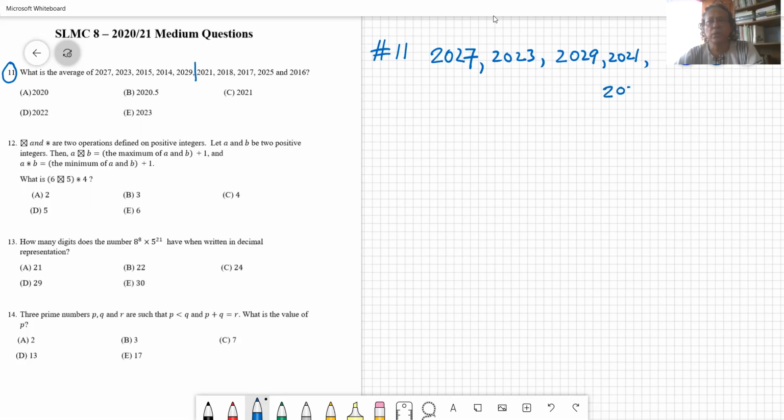So these are all bigger than 2020, and then we have 2015, 2014, and then 2018, and then 2017, and then 2016. So 5 are bigger than 2020, and 5 are smaller than 2020.